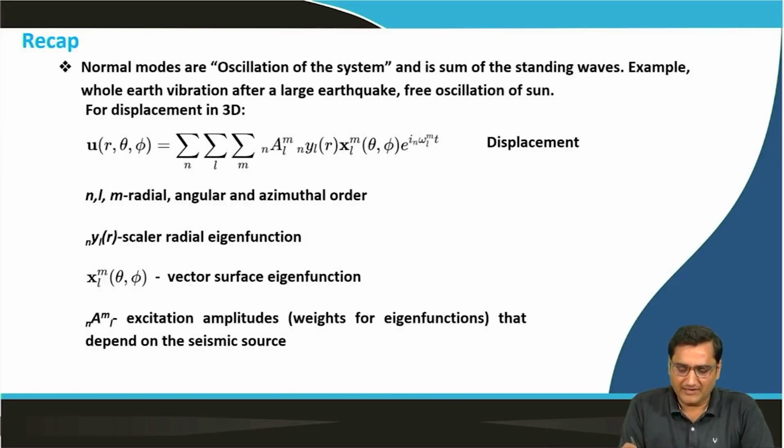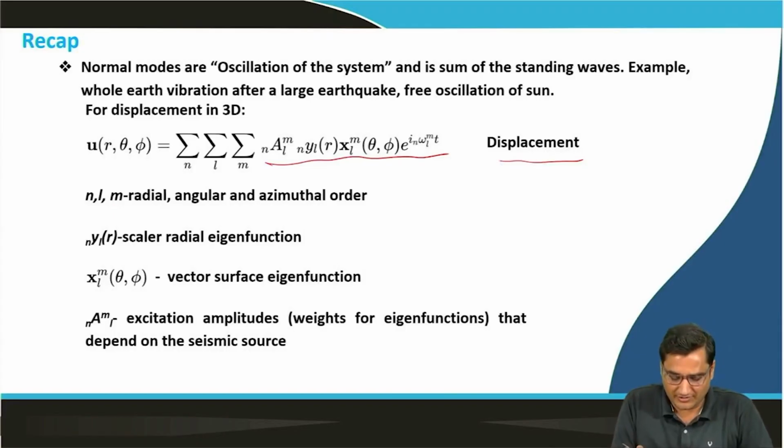For displacement in 3D, we can define the displacement of the normal modes using a spherical coordinate system in r, theta and phi, where r is the radial direction, or you can say the up and down direction at the surface of the Earth, theta is the co-latitude, and phi is the longitude. The summation over n, l and m can be written by this particular expression for displacement, and n, l, m define the radial, angular and azimuthal order.